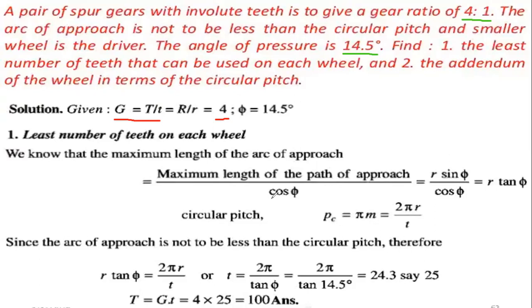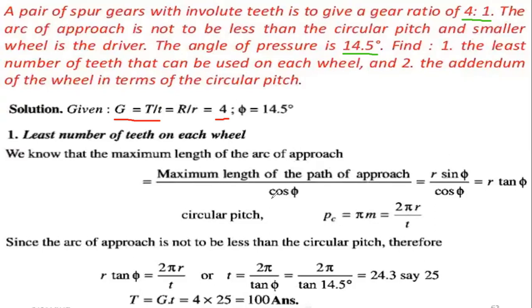Then we have to substitute these values in that. So we take it as r sin phi by cos phi.